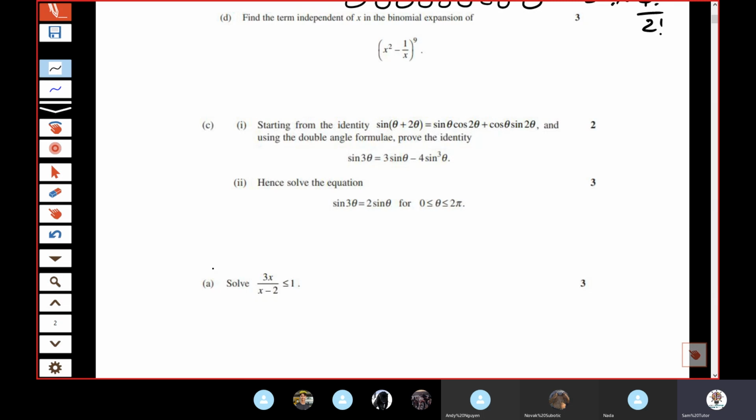I don't know. We'll have to see. I don't know what's happening with the CI. Sine 3 theta is equal to 2 sine theta. Wait, what? You couldn't get i out.